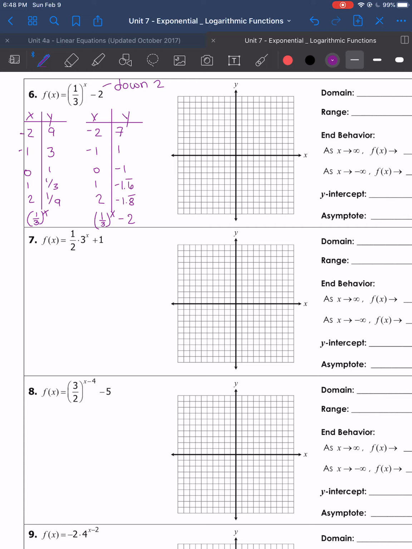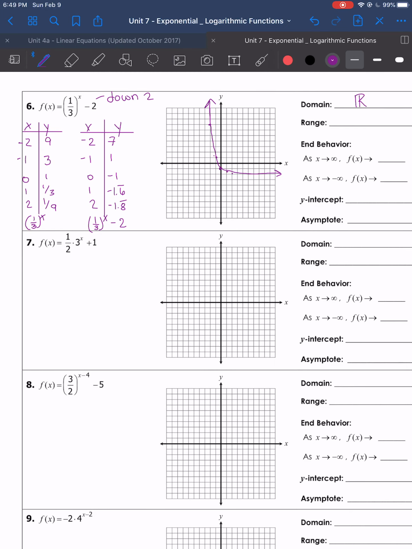So when I graph these, we want to graph the second table, not the first one. So this is going to change a few things.